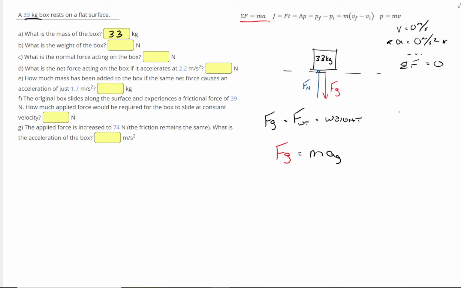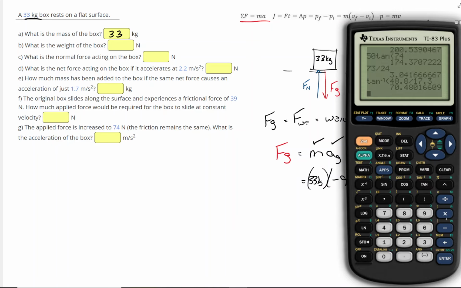If it's the only force, we're in free fall, and ag is simply downward at 9.8 meters per second squared on Earth. The mass we know is 33 kilograms. So if I wanted the weight, I'm always just going to take the mass of the object and multiply it by the acceleration due to gravity on that planet. And oftentimes that's going to be Earth.